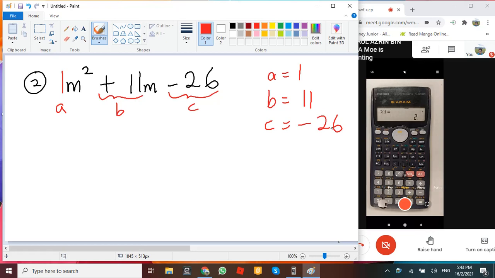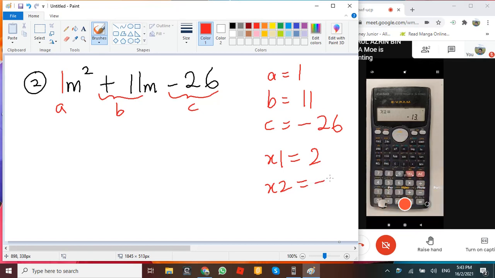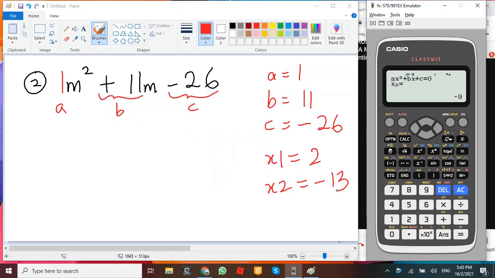Okay, so now we get the value of x1 equal to 2. x2, press down arrow here, negative 13. Okay, how about another calculator?